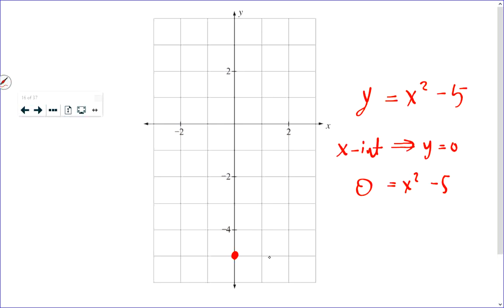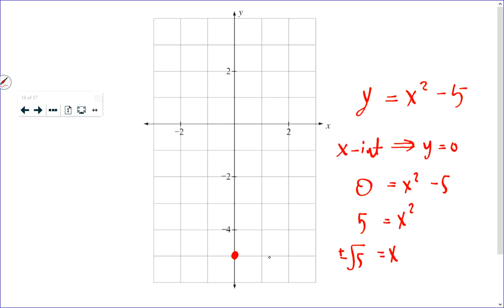I don't think you want to use the quadratic formula here. It's not factorable. Why don't we just move the 5 over and then take the square root, of course, remembering to go plus or minus root 5. So we also have x-intercepts at the square root of 5 and the negative of the square root of 5.